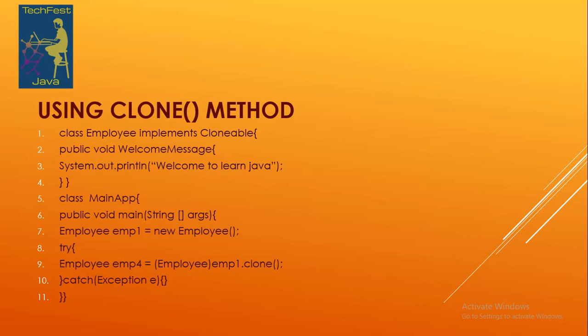So this is the fourth way of creating an object in Java, by using the Object class clone method. If we do not implement the Cloneable interface in the employee class and call emp1.clone, it will give a CloneNotSupportedException. To avoid that exception we have to implement the Cloneable interface, and then only can we use the clone method on that particular class object.